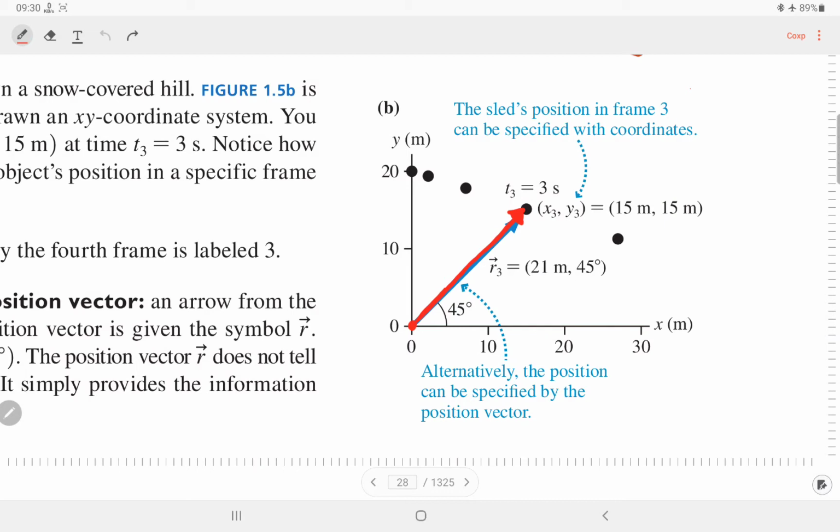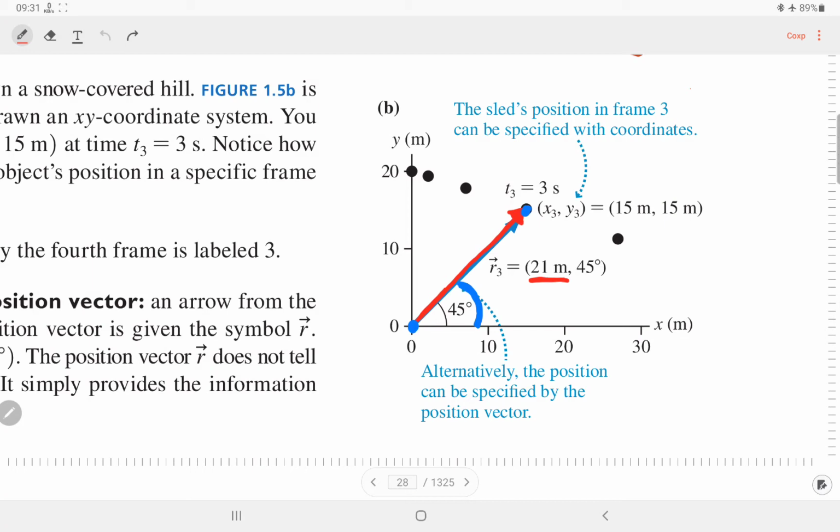R3 equal to 21 and 45 degree. 21 means this is the length of this arrow, the length of the position or distance between this point and this point. 45 basically shows its direction. This angle with horizontal coordinate, with horizontal surface, 45 degrees.